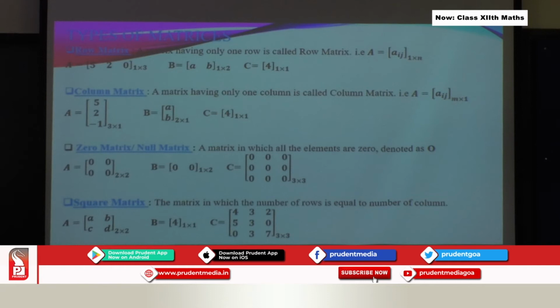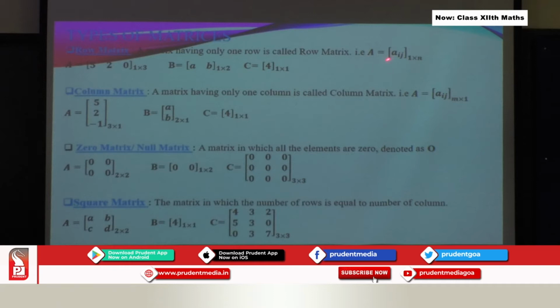Now let us start with the types of matrices. When we talk about types, the first type is the row matrix. When you look at the word itself, you will understand: a matrix having only one row is called a row matrix.